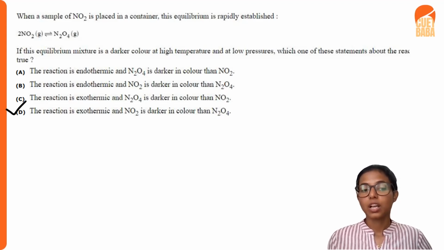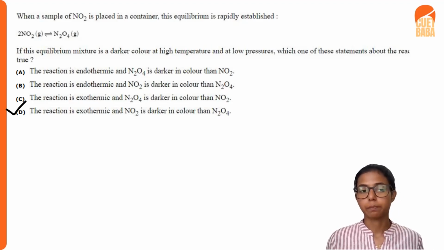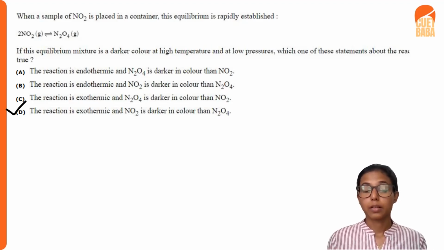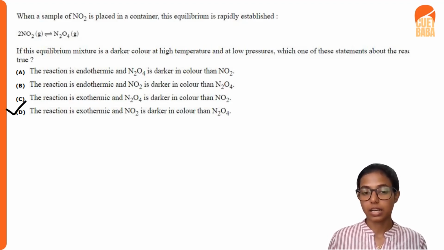When temperature is increased, the system absorbs that energy and shifts the equilibrium towards the endothermic reaction. So the backward reaction is endothermic, and more NO2 is produced. If we are asking about the nature of the forward reaction, it will be exothermic.